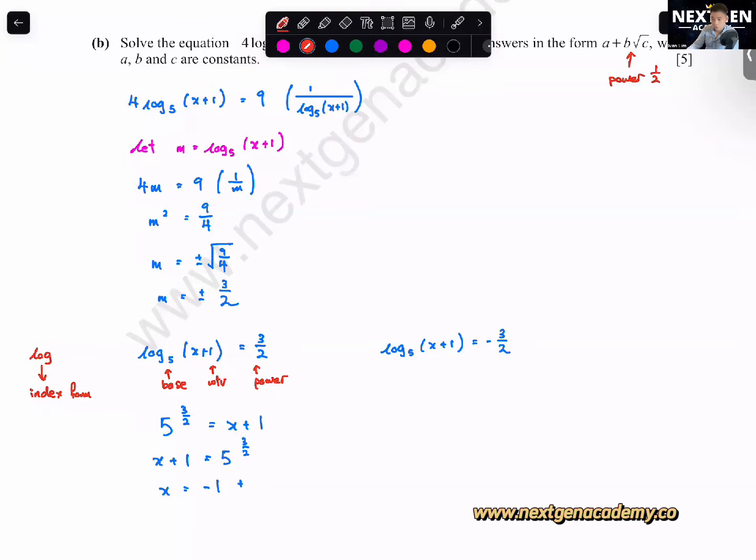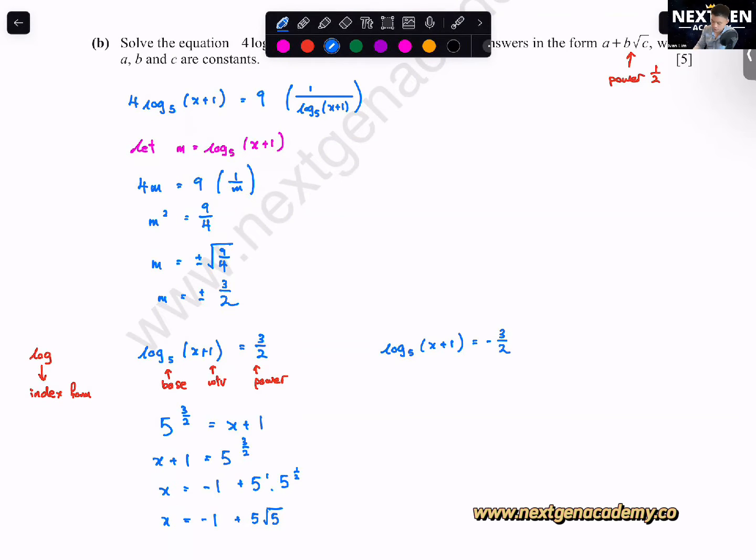So can I split this into a power 1 over 2? I have to rewrite this as 5 to the power of 1 multiply 5 to the power of 1 over 2. Can see this? So that the 1 over 2, I can write it as surd 5. So negative 1 plus 5 surd 5. This is how we rewrite the form.